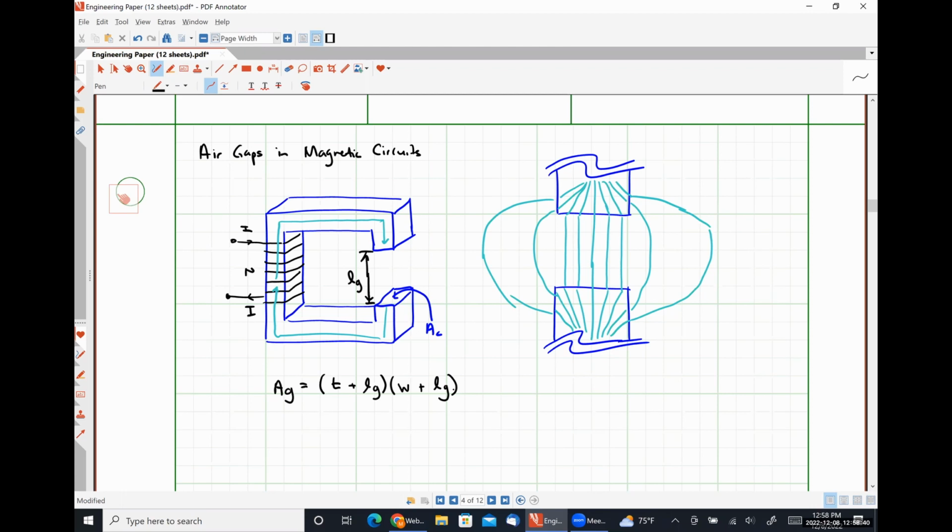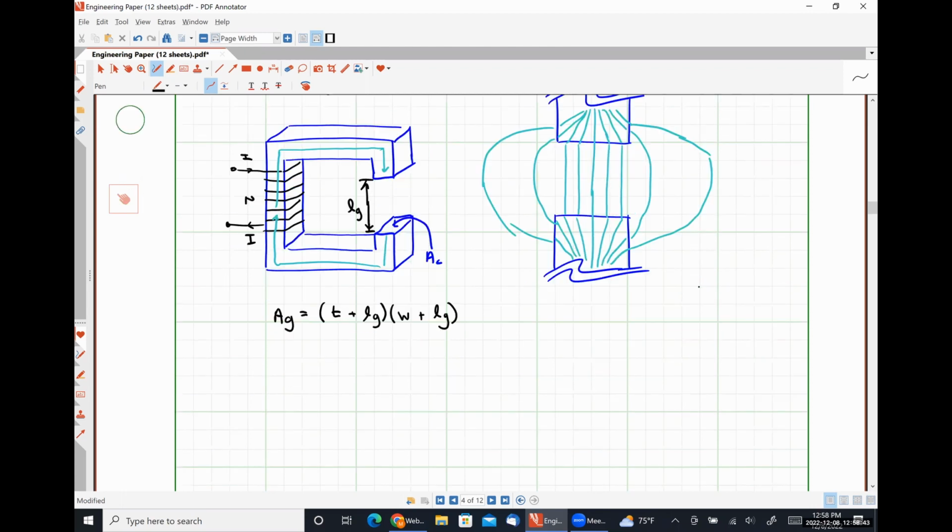So let's take that idea and work another example problem.